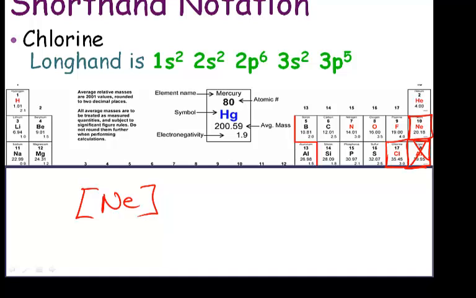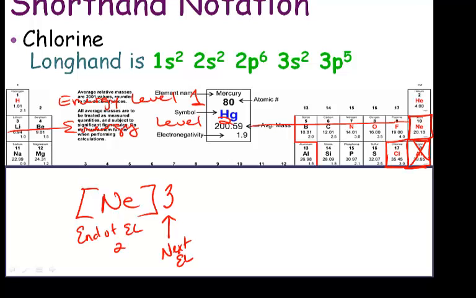Neon is at the end of energy level 2. Remember this is energy level 1, this is energy level 2, and neon is at the end of energy level 2. The next energy level is 3, so we will continue our configuration at 3. The first thing we fill is 3s, and there's element number 1, element number 2, meaning that we have 3s2.